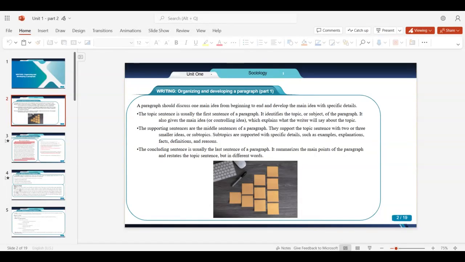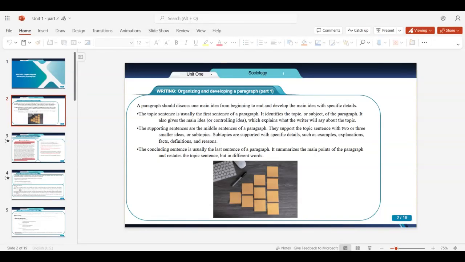A paragraph should discuss one main idea from beginning to end, and develop the main idea with specific detail. The main idea, the first sentence, is called the topic sentence of the paragraph. So the main idea and the topic sentence of the paragraph are the same, and the rest of the sentences always support our main idea.